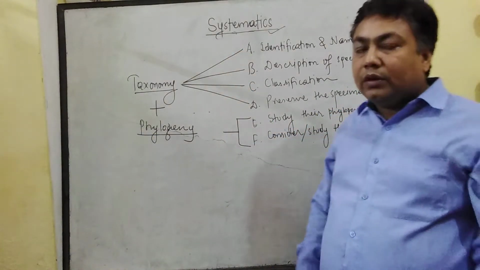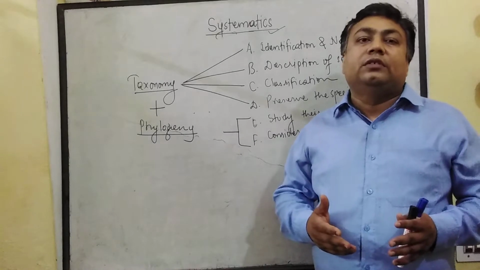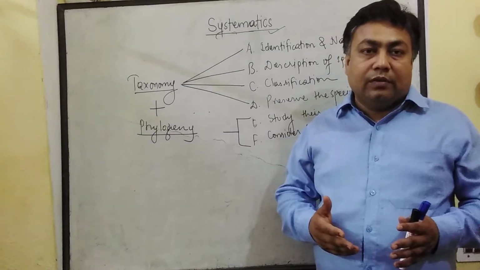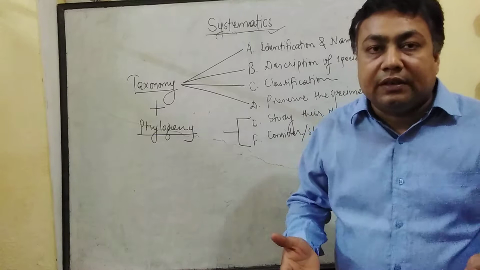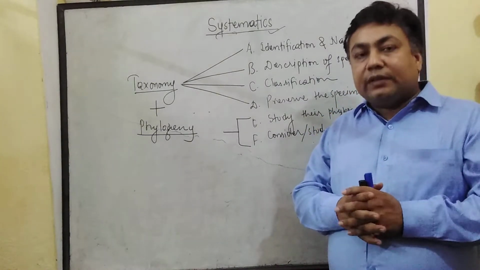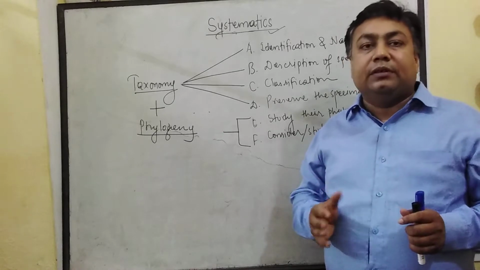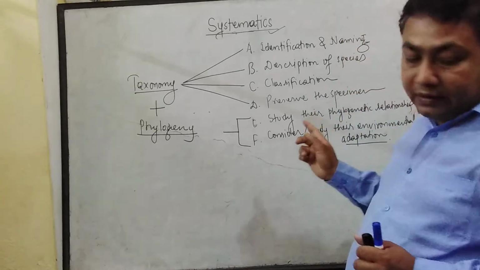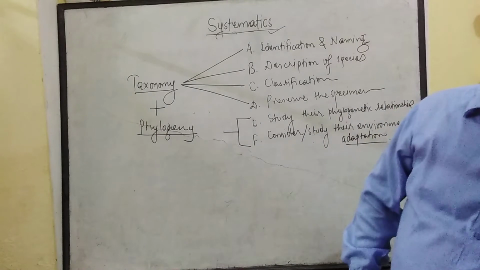Again, what are the branches of systematics? What are the modes of biosystematic studies? So there are three branches, three disciplines in biosystematics, which we will see here.